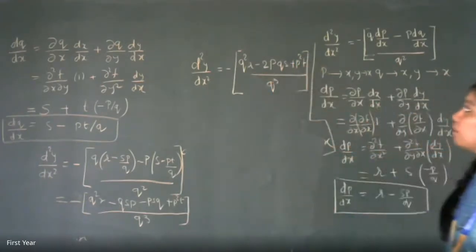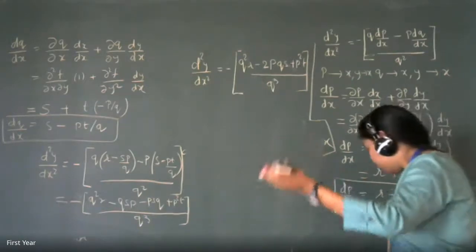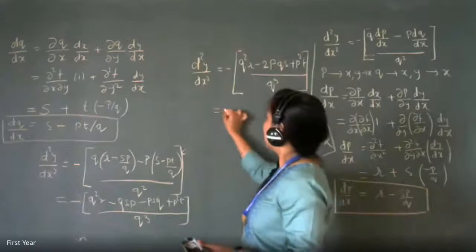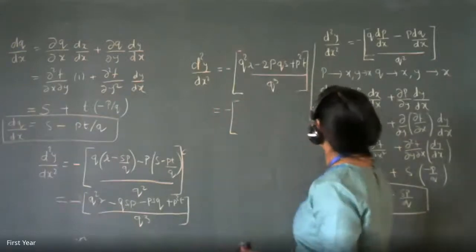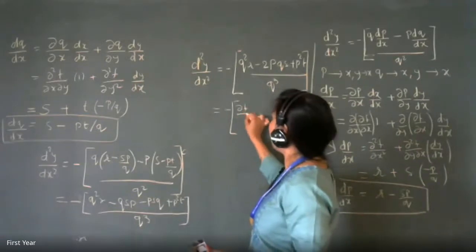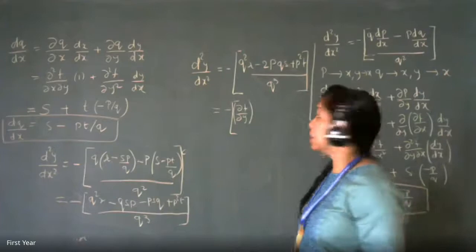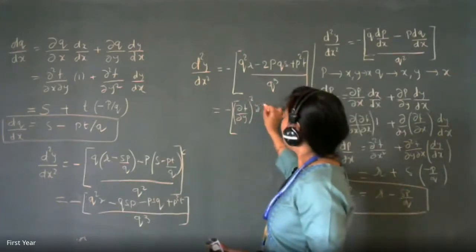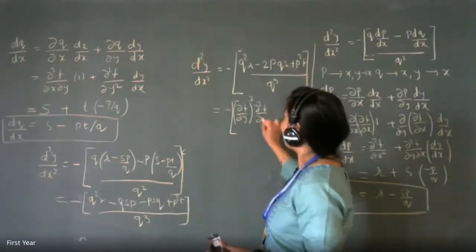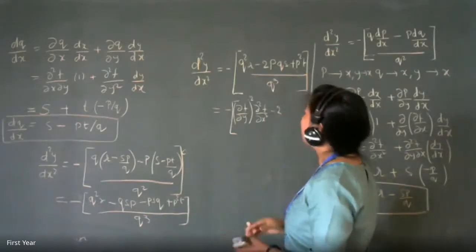That's the formula for d2y by dx square, which can also be written in terms of partial derivatives as minus of, what was q? Q is delta f by delta y, p is delta f by delta x, and r, s, t the whole square into delta square f by delta x square minus 2. All those terms you can write.